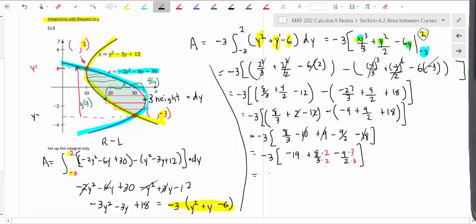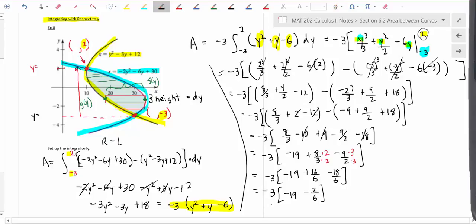So I'm going to multiply that by 2/2 and multiply this by 3/3. That will give -3 times -19 plus 16/6 minus 18/6. So that looks like -3 times -19 minus 2/6.